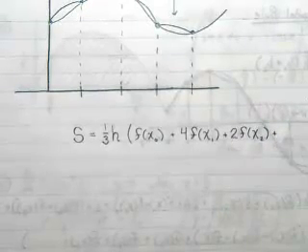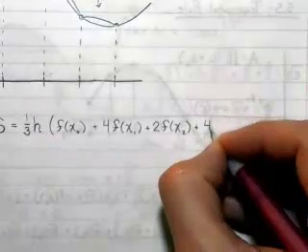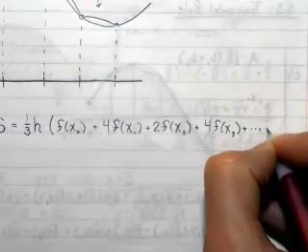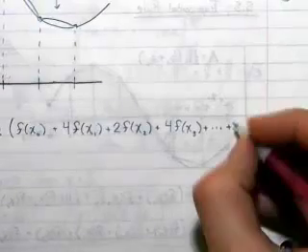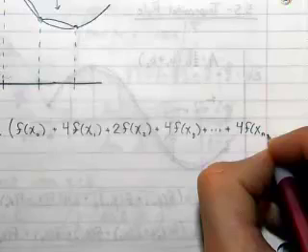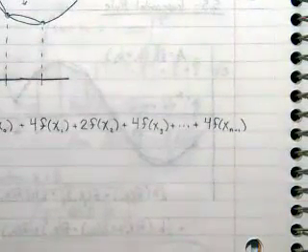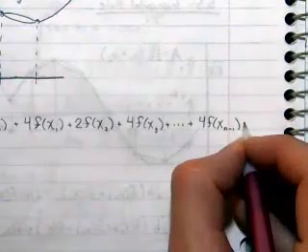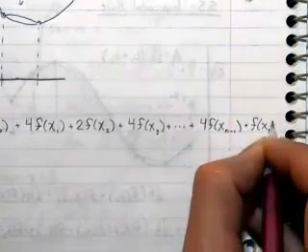And then it continues to go back and forth, 4, 2, 4, 2, 4, 2, until you end up at a 4 again. So I'm going to say f of x sub n minus 1, if you can't see that. And then the final one is just f of x sub n.